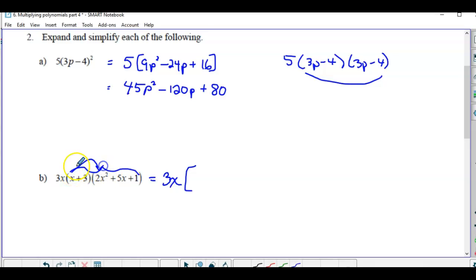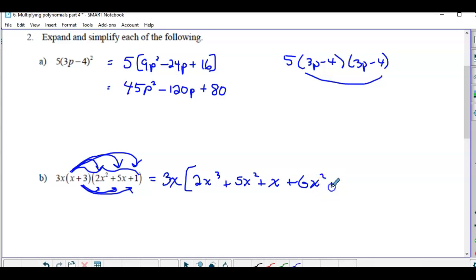So x times everything there, it's going to be 2x cubed plus 5x squared plus x, and then the other will be plus 6x squared plus 15x plus 3.